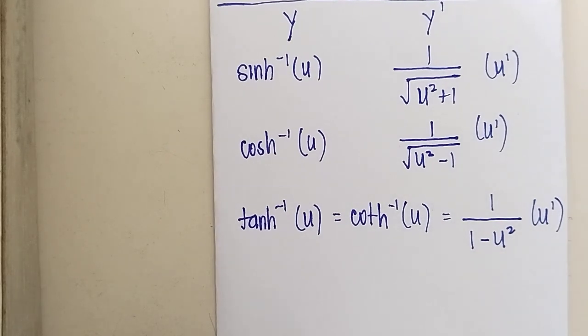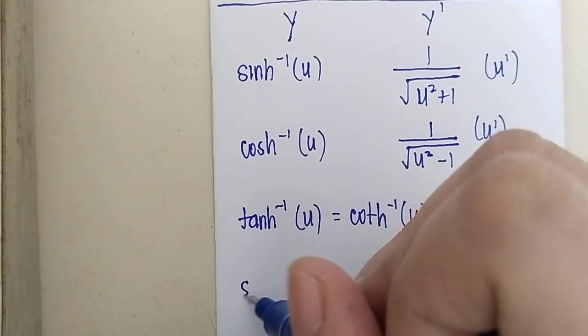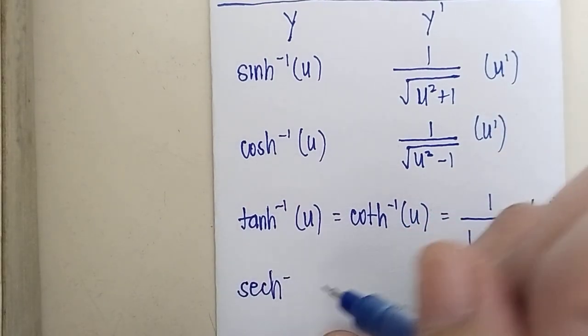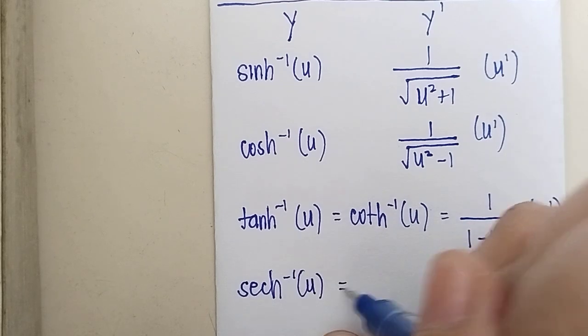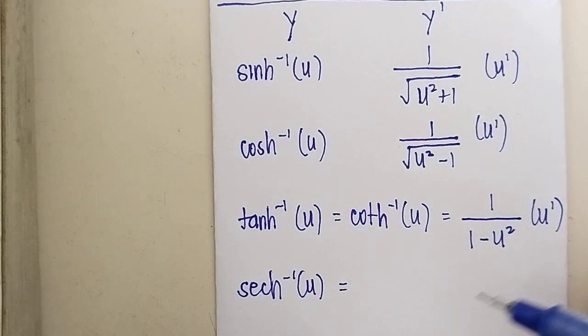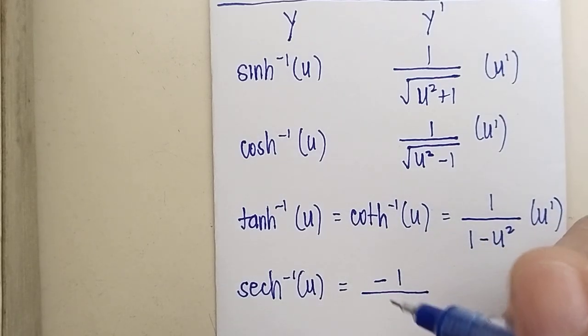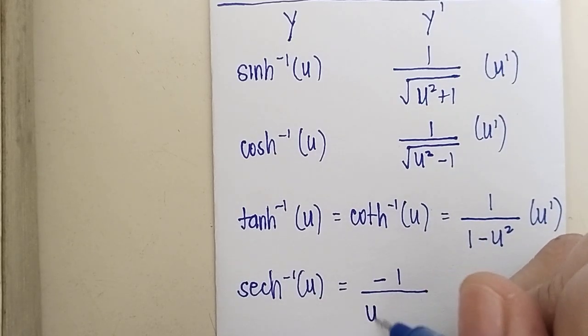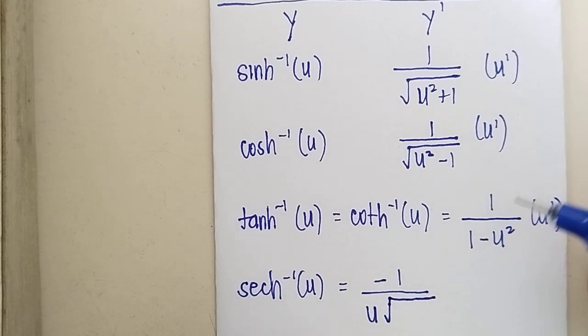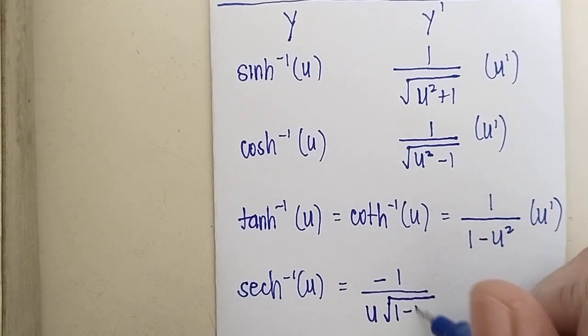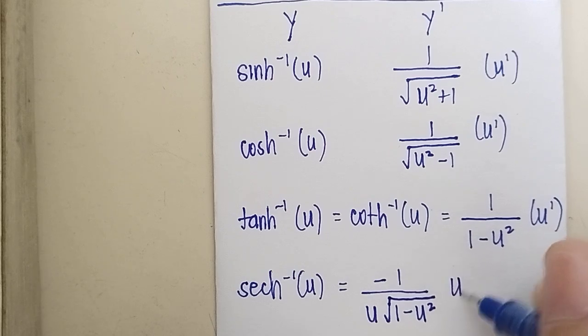Okay? For the inverse of the hyperbolic secant of u, its derivative has an automatic negative: negative 1 all over u, then the square root of 1 minus u squared, times u prime.